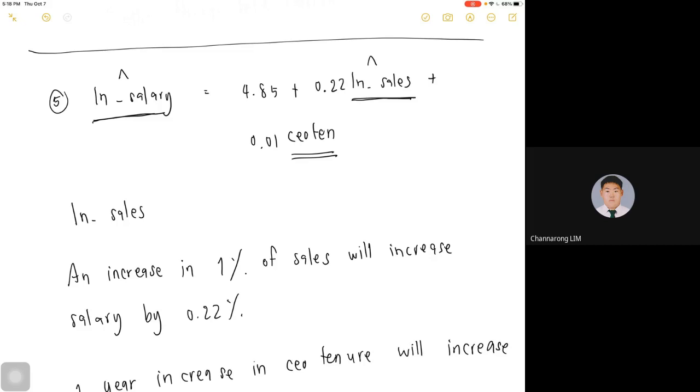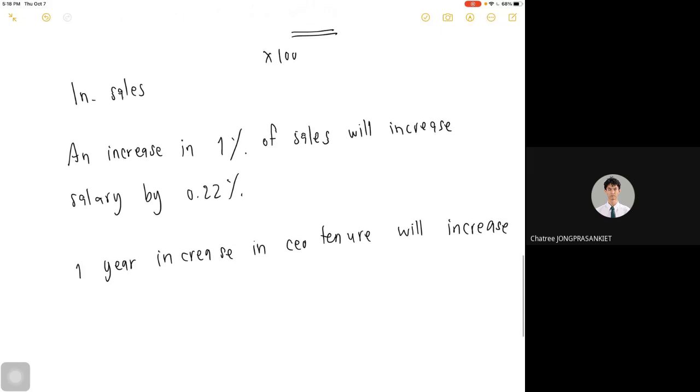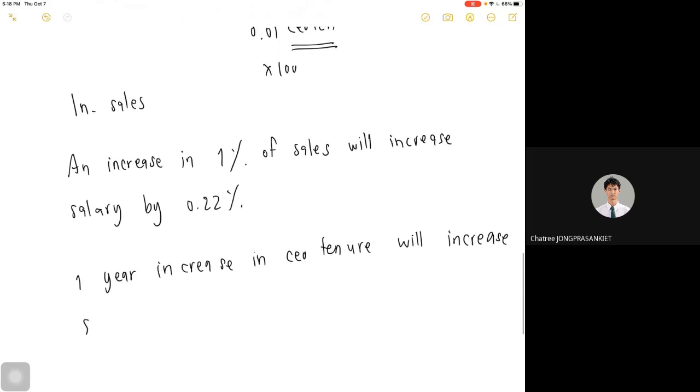In this case, your dependent variable is in log form, but your independent variable is just in the original form. So what should I do with the coefficient here? Times 100. Yep, you just multiply it by 100, right? So it means that a year increase in CEO tenure will increase salary by 1%.